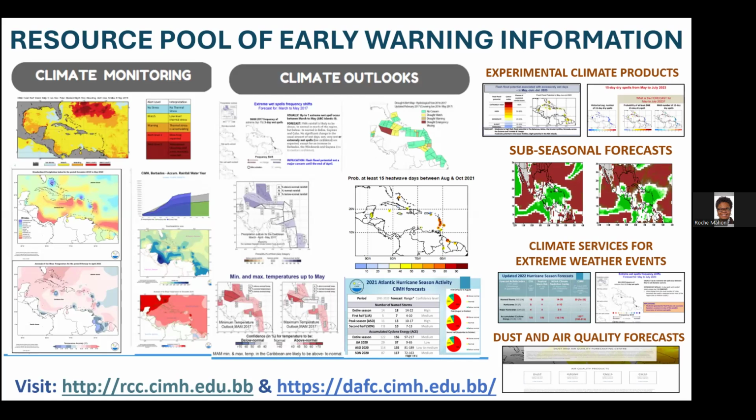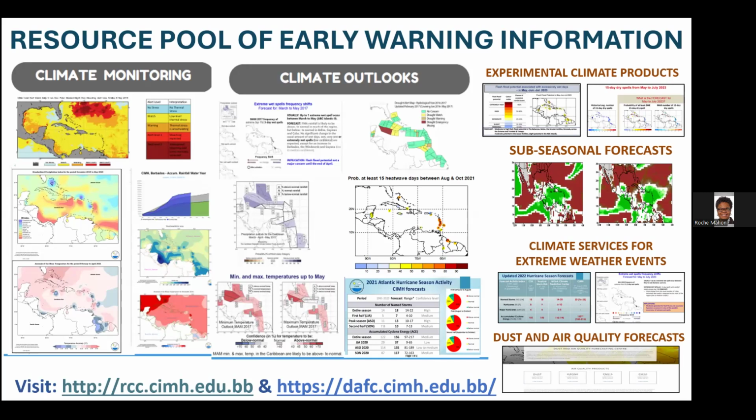For instance, we have experimental climate products like the new Caribbean Fire Weather Monitor. That would be a very useful tool for monitoring wildfires and the respiratory illnesses associated with an increase in wildfires, particularly in the Caribbean dry season.